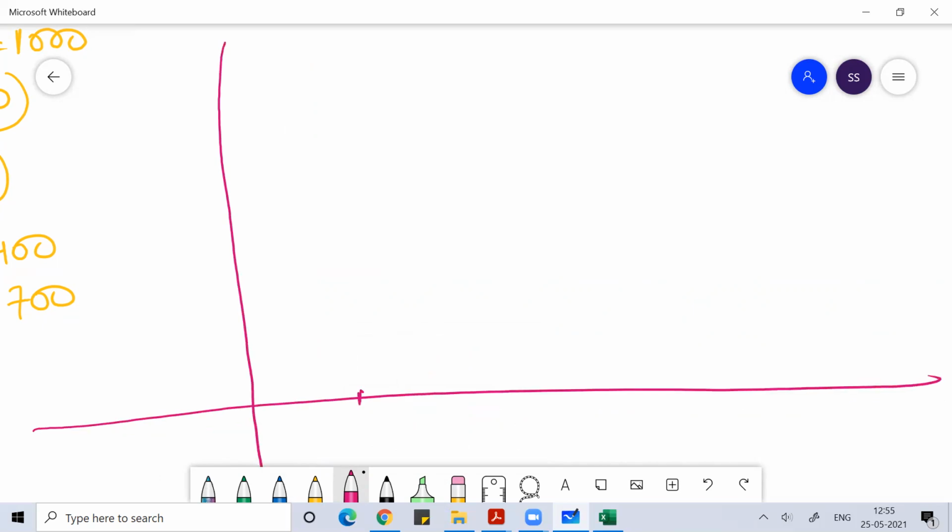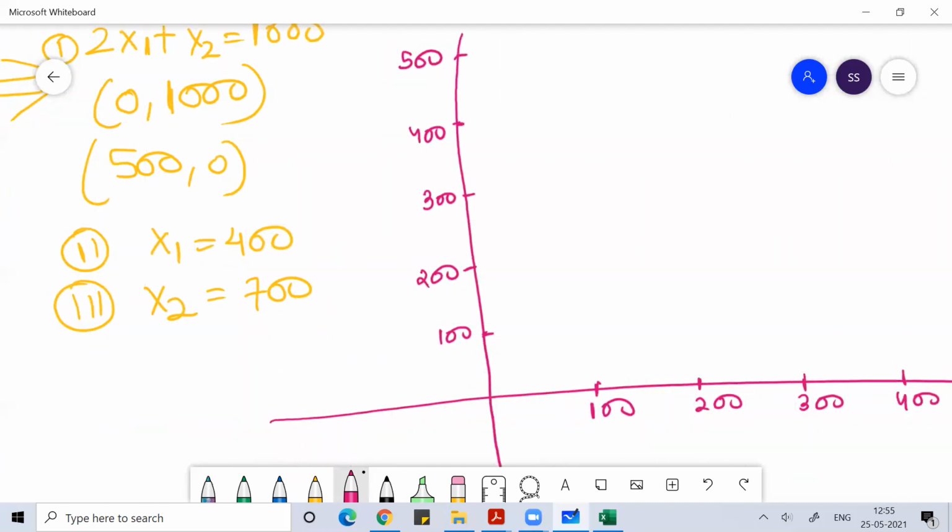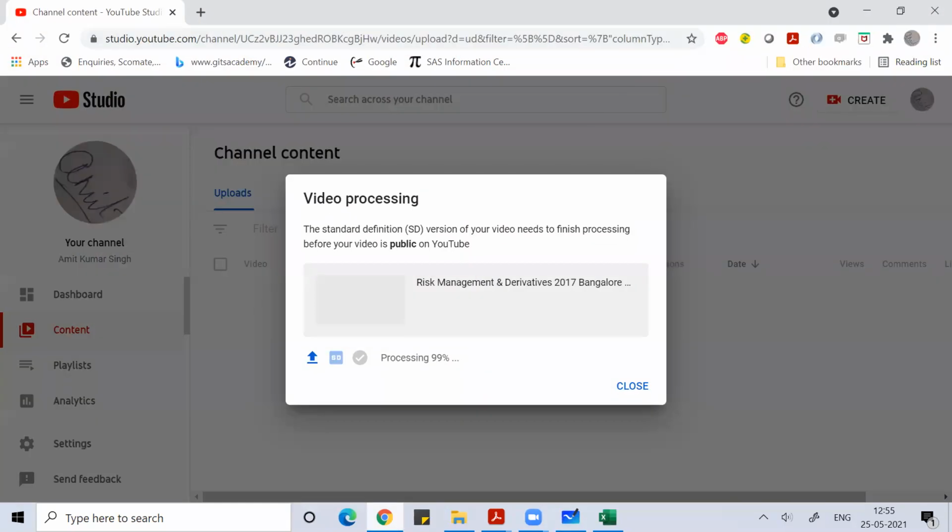So this is 100, then 200, then 300, then 400, then 500, then 600. Similarly, this is 100, then 200, 300, 400, and 500.